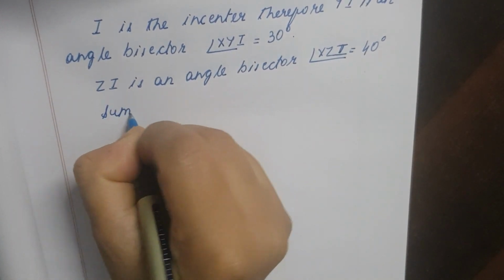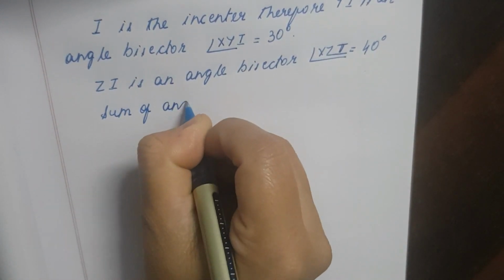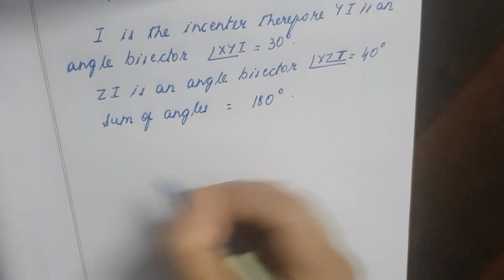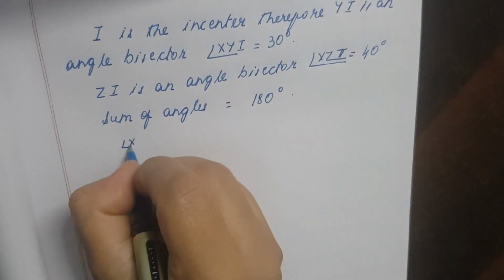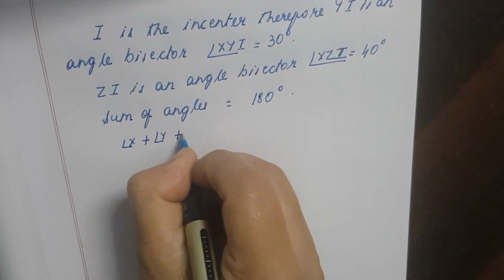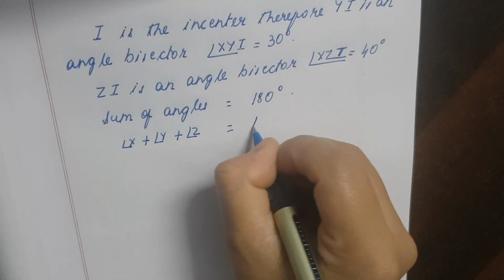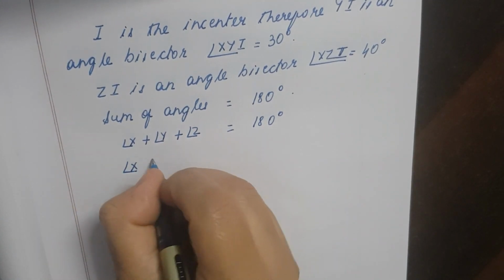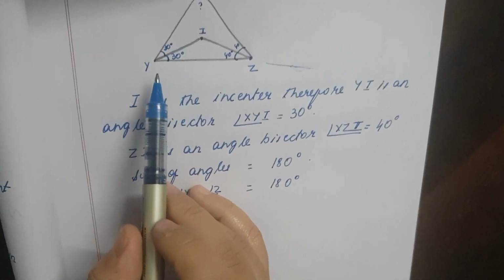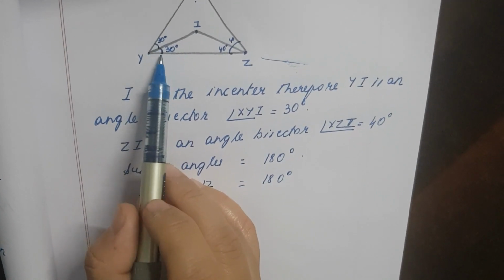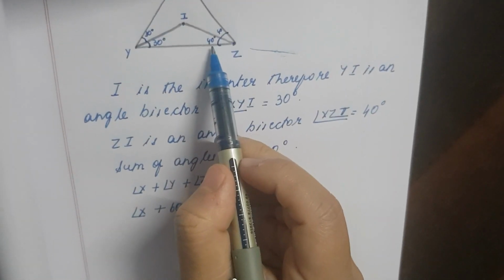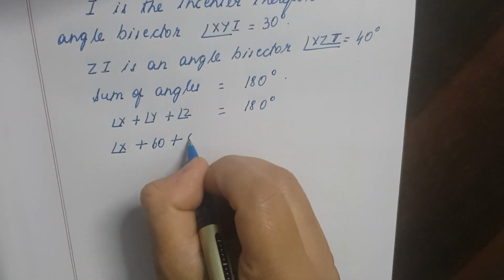So the sum of angles is equal to 180 degrees. So angle X plus angle Y plus angle Z is equal to 180 degrees. We need to find angle X, so we'll keep it as angle X only. Angle Y is 30 plus 30, which is equal to 60. Angle Z is 40 plus 40, which is equal to 80.